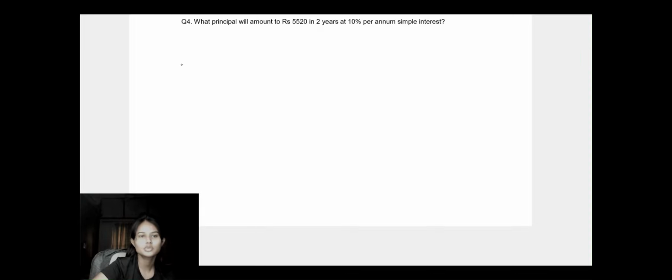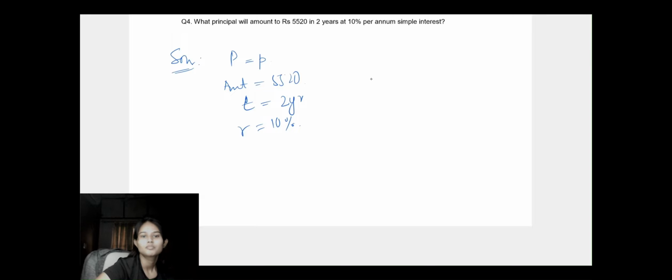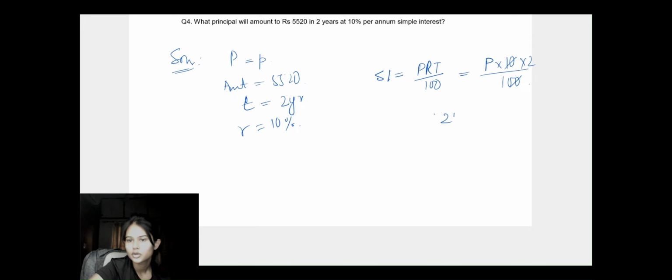Okay, so coming to the next question. What principal will amount to 5,520 in 2 years at 10% simple interest? Okay. Let principal be P. Amount equals 5520. Time is 2 years and rate is 10%. So let's find out the SI first. That is PRT by 100, which here is P into 10 into 2 divided by 100, that is 2P by 10.